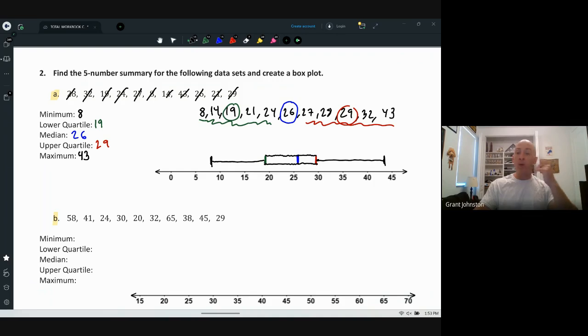Let me make one more box plot for you. So I go 20. Is that the smallest one? Yeah.